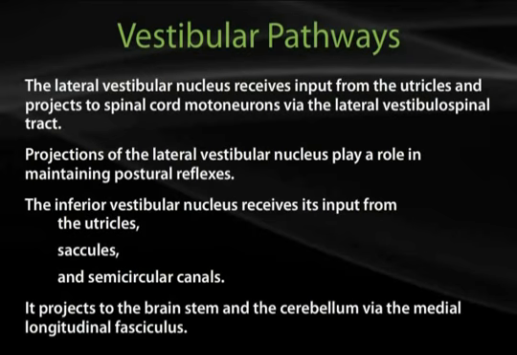Lateral vestibular nucleus receives input from the utricles and projects to spinal cord motor neurons via the lateral vestibulospinal tract. Projections of the lateral vestibular nucleus play a role in maintaining postural reflexes. The inferior vestibular nucleus receives its input from the utricles, saccules, and semicircular canals. It projects to the brainstem and the cerebellum via the medial longitudinal fasciculus.